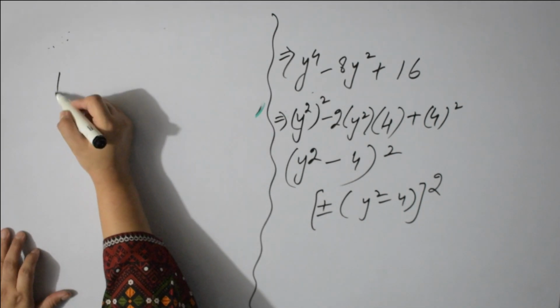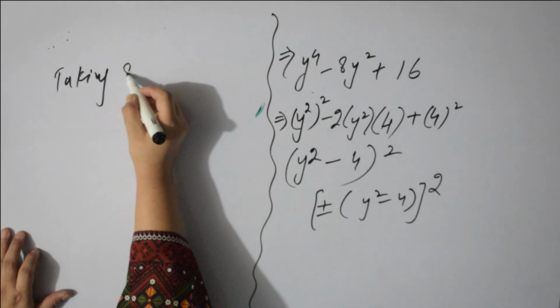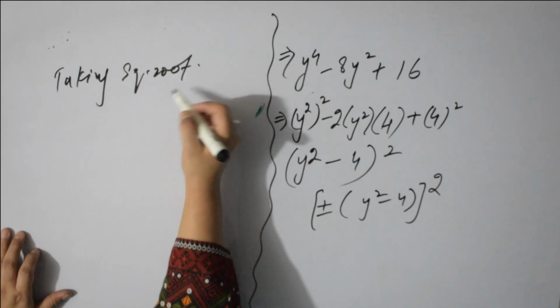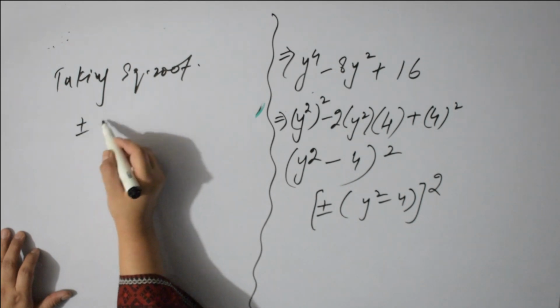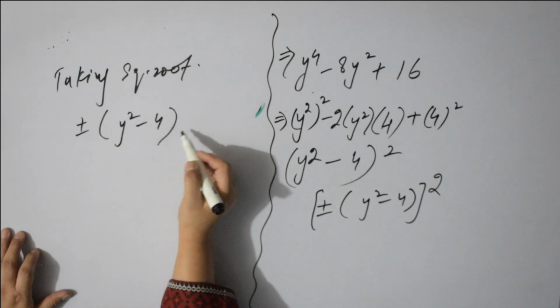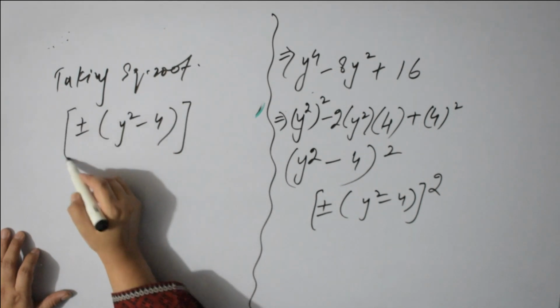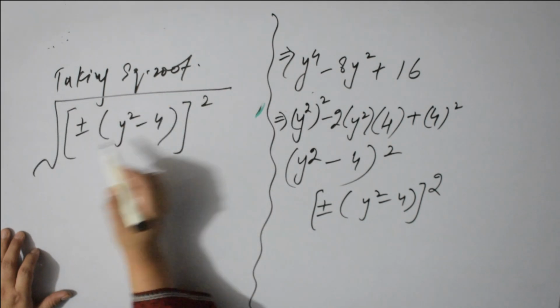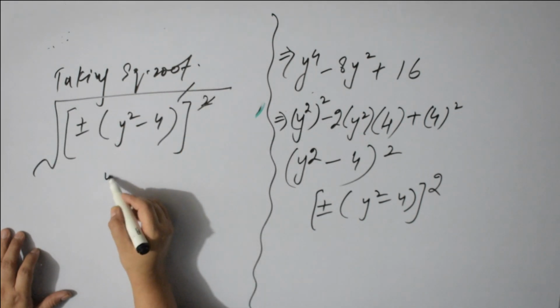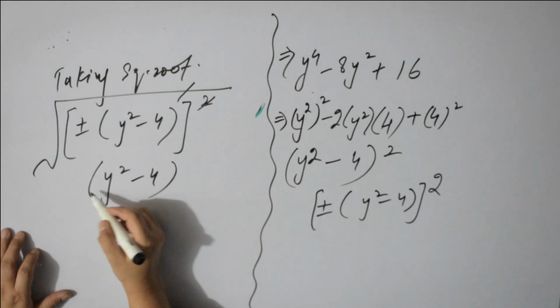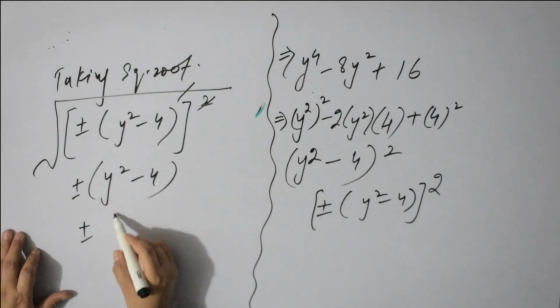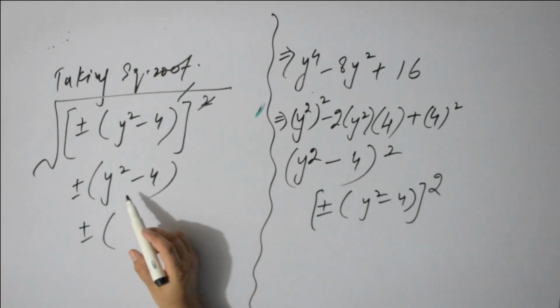So taking the square root on both sides, plus minus 4, the square root cancels with this, so y^2 minus 4 plus minus. Putting the value of y^2, students, you must put the value of y^2 because your question is in the form of x, so the answer should also be in the form of x.